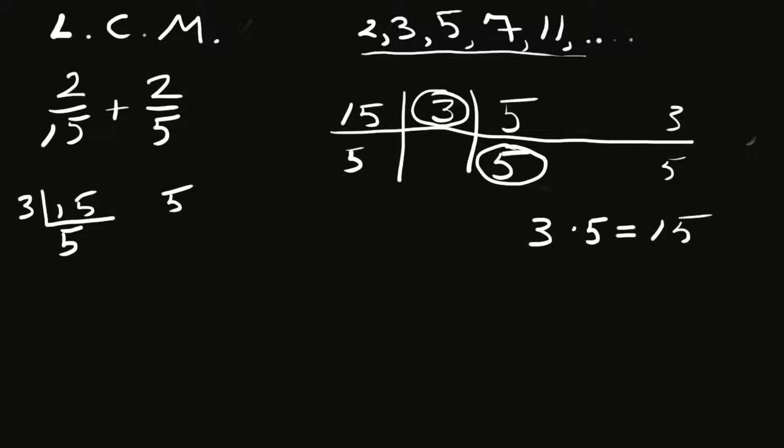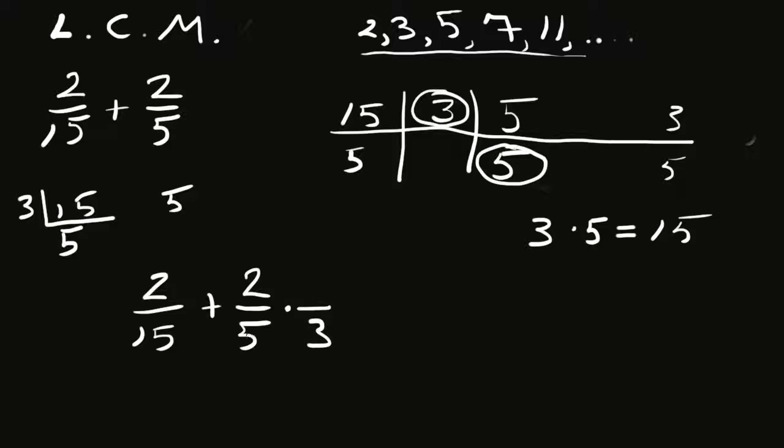Now, we want to combine 2/15ths plus 2/5ths. Well, 2/15ths is already in the right form. And we want to combine this with 2/5ths. Now, 3 times 5 will give us 15, so to get a 15 in the denominator, we're going to multiply that by 3.